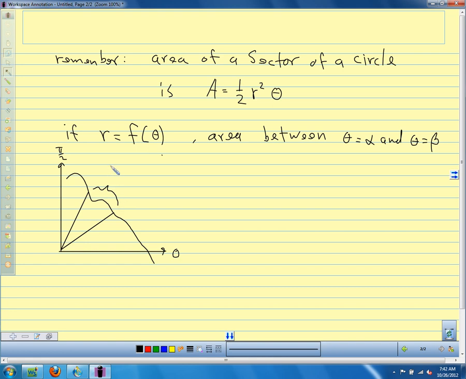We move through an angle Δθ, and this is θ equals α and θ equals β up here.